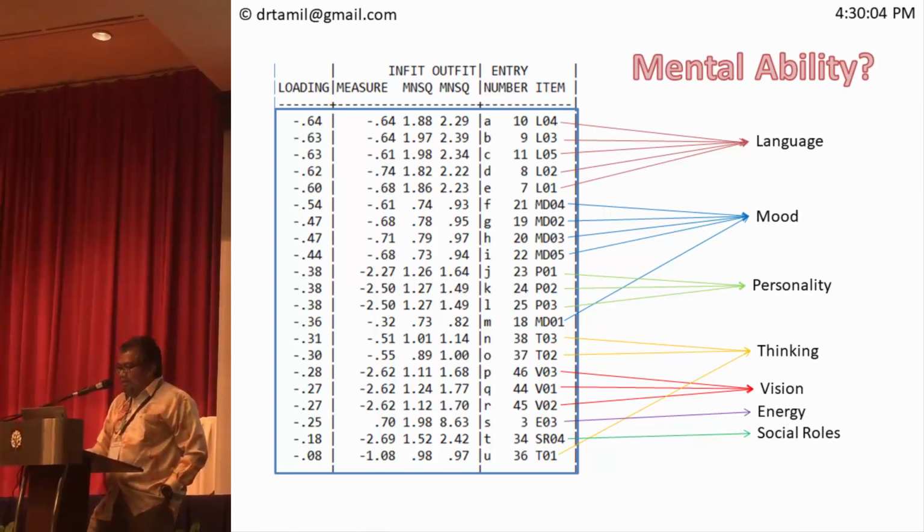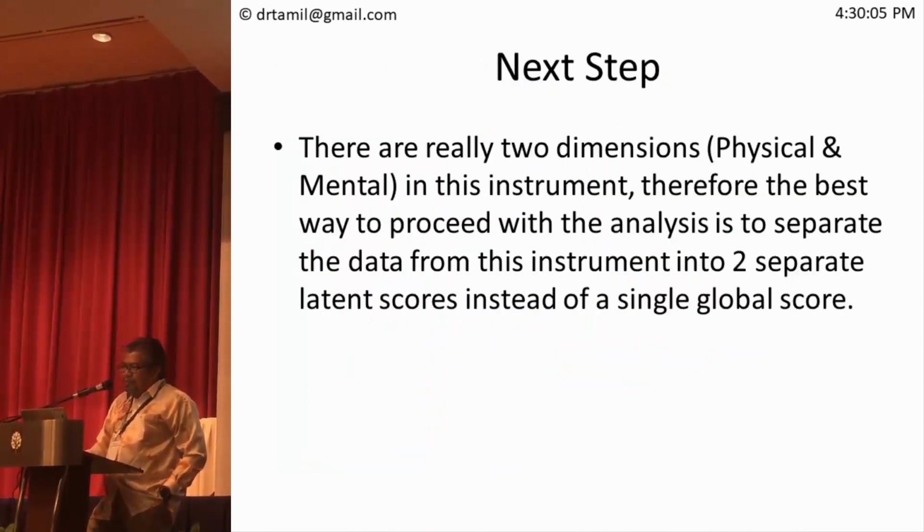You can see clearly that there are 2 sub-skills, physical ability and mental ability. So based on this, by right, this questionnaire should have been separated into 2 separate domains, so that instead of getting one overall score, you should have 2 scores, one for mental and one for physical. Therefore, the best way to proceed with the analysis is to separate the data from this instrument into 2 separate scores instead of a single global score.